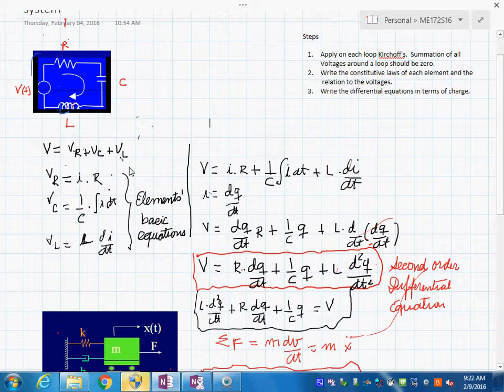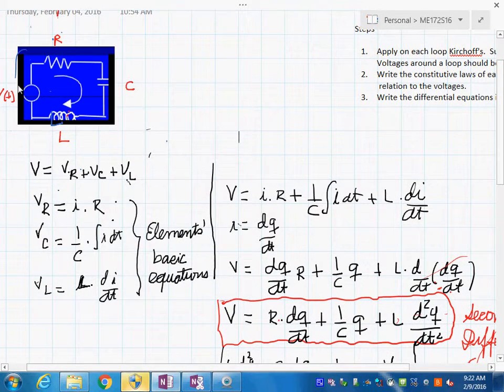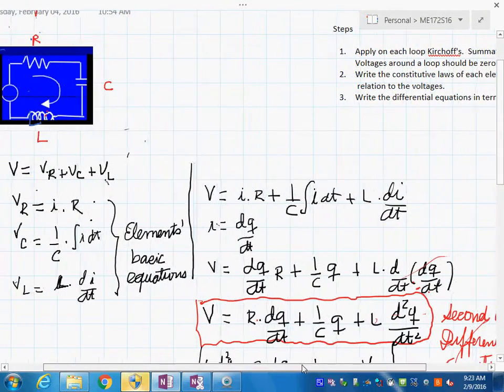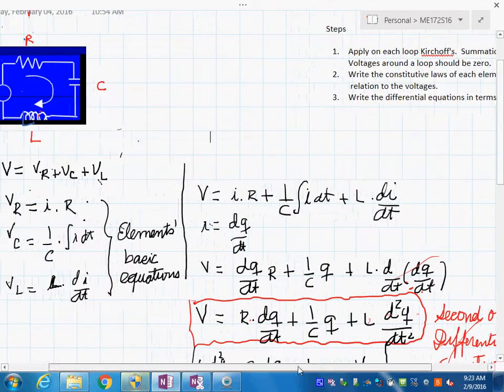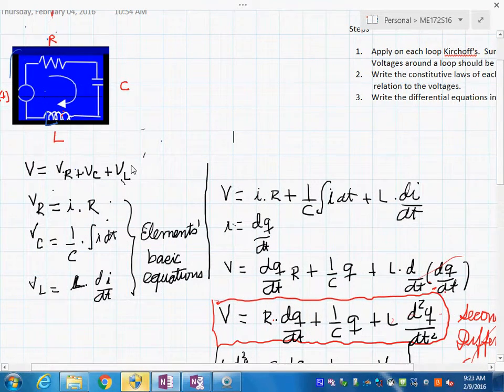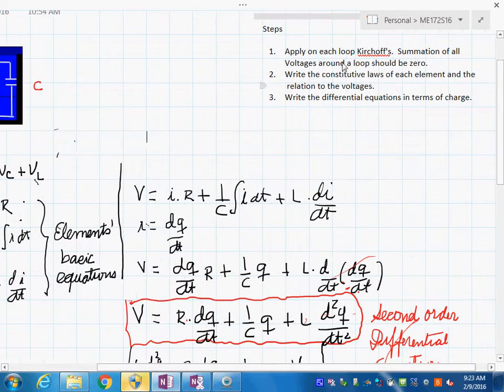And what we have here is the voltage V, the source, equals the voltage of the resistor, which is here. And then you have the voltage of the capacitor and the voltage of the inductor. So then on step number 2, write the constitutive laws for each element and the relationship to the voltages.